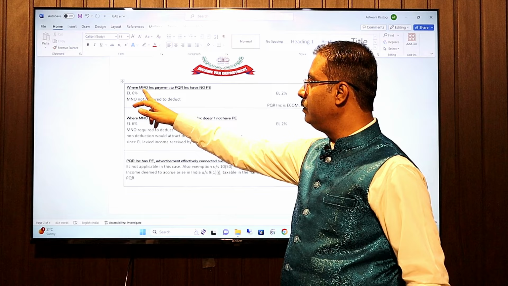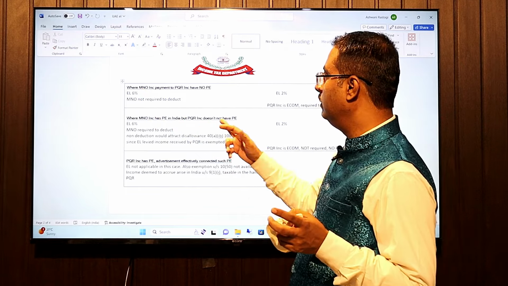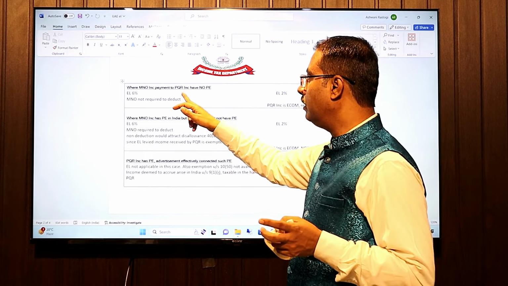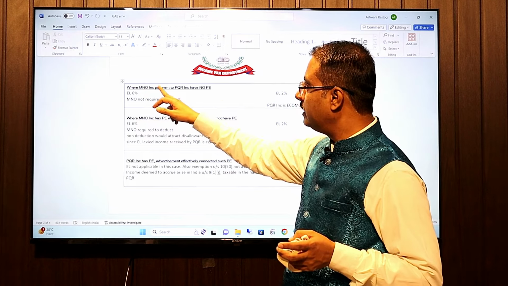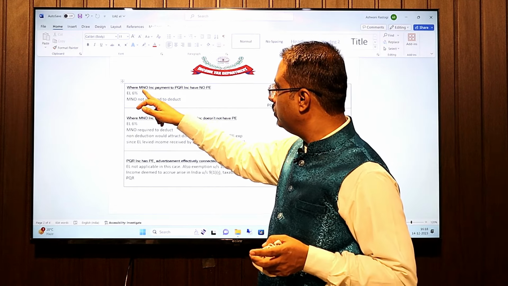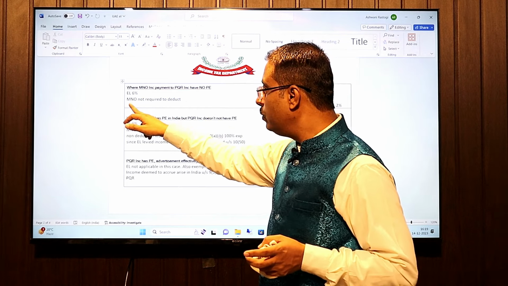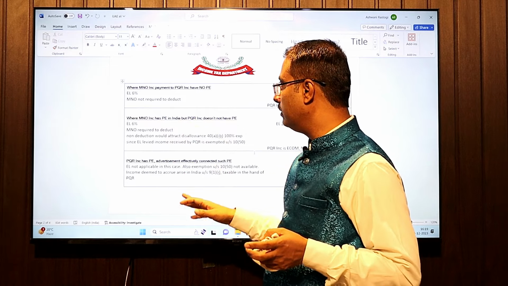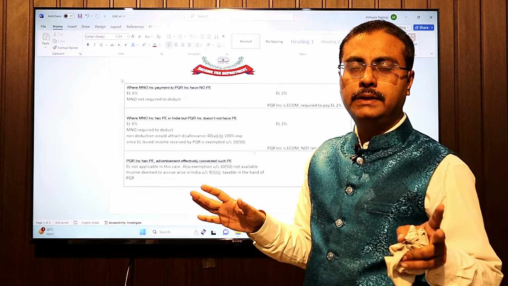Suppose MNO Inc, who is a non-resident, makes a payment to PQR Inc, and both do not have PE status in India. MNO is making a payment to PQR. MNO has no PE status, so MNO is not required to deduct any equalization levy of 6%, because MNO is a foreign company and does not have any PE status in India.